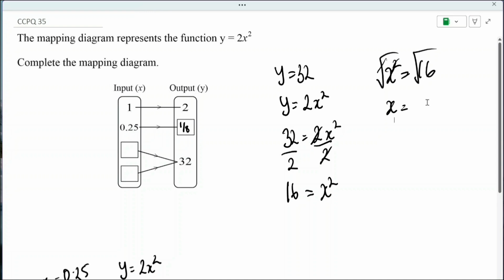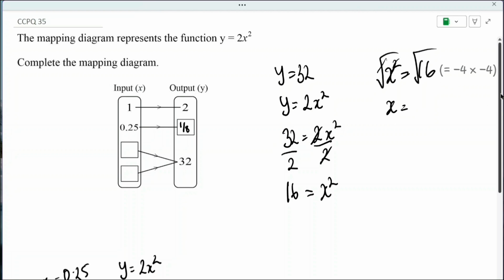You might jump on it and say square root of 16 is 4, but it's not just 4. It's plus or minus 4. The square root of a value is not just the positive result. And why is it plus or minus 4? Because 4 times 4 would give you positive 16. Since it's square root, you pick one of the 4s as the square root of 16. But also note, positive 16 can be gotten by multiplying negative 4 times negative 4.